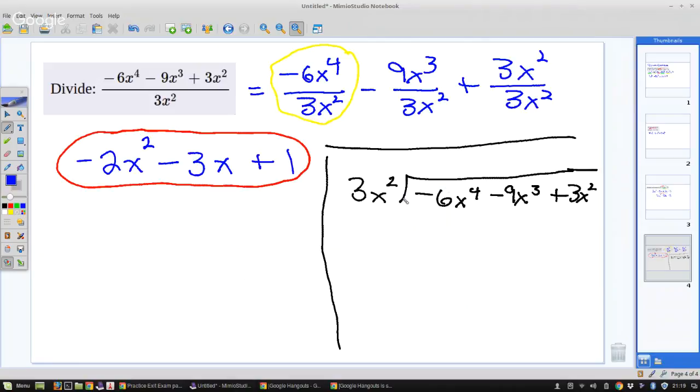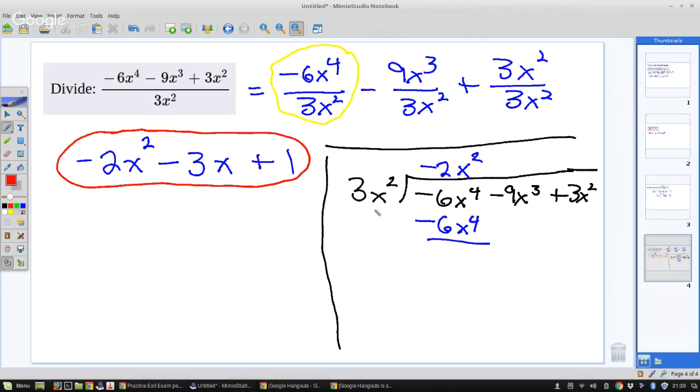So I would ask, what would I multiply by 3x squared to get negative 6x to the fourth? Well, I would have to multiply by a 2, and it would have to be negative, and I need another x squared. So carrying out that multiplication gives me negative 6x to the fourth, so I match that.